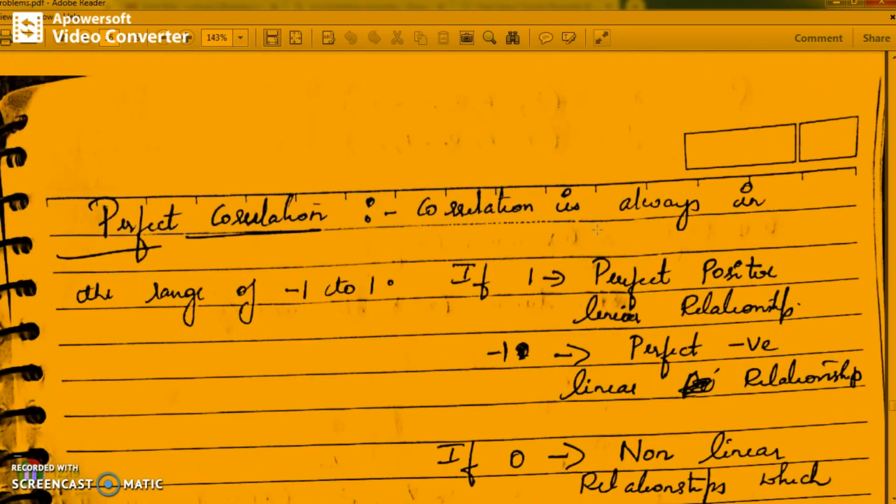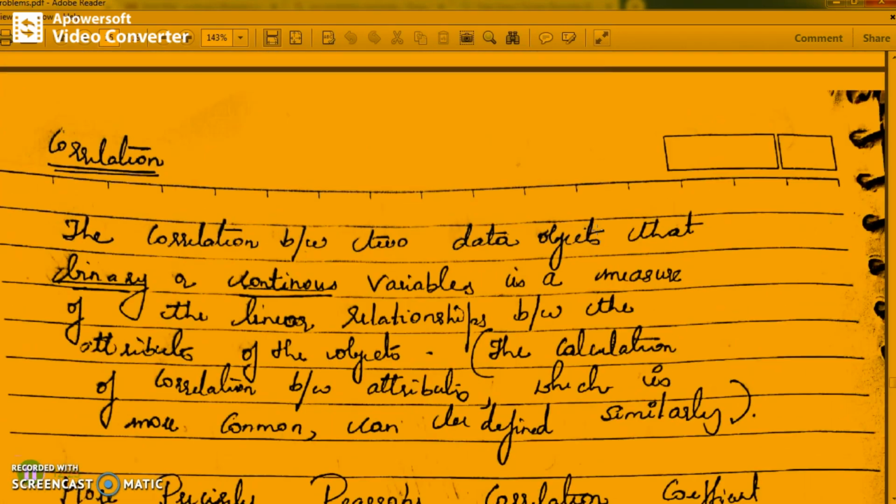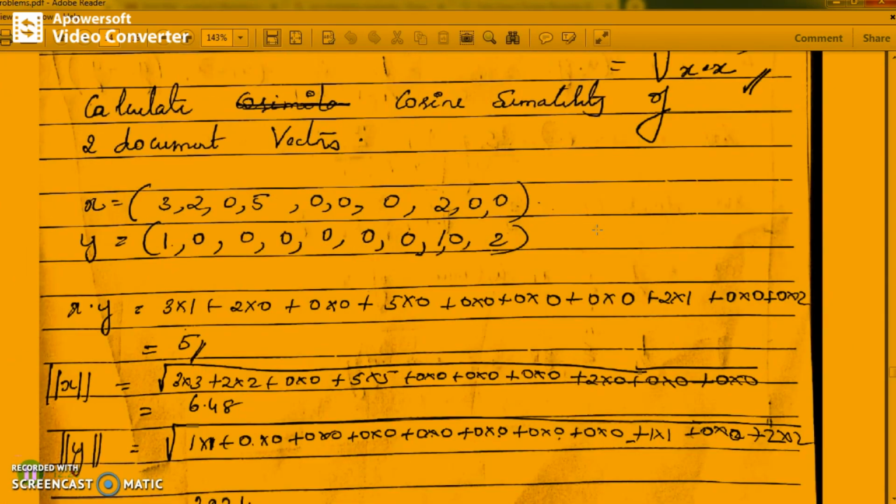So one problem you may expect from this section in module 2, right? Right from your Euclidean distance dissimilarity calculation, you had three formulas: Euclidean distance, Manhattan, and finally supremum. Those are the three dissimilarity calculations. One problem you may expect there.